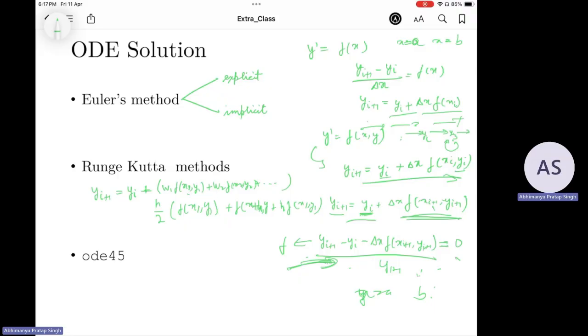What we are interested in is RK4, which is the most widely used solver, and ODE45 also uses a variation of the RK4 method with some adaptive time stepping. That's why this 4 5.